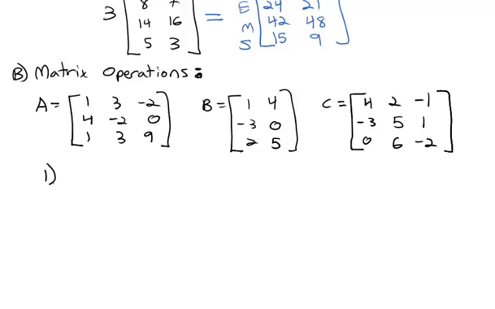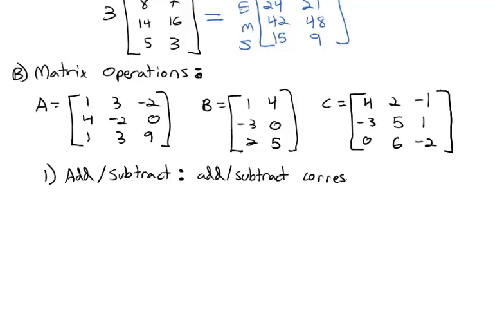First thing we're going to do with matrix operations is either add or subtract them. So to formally define adding and subtracting, we either add or subtract corresponding entries.